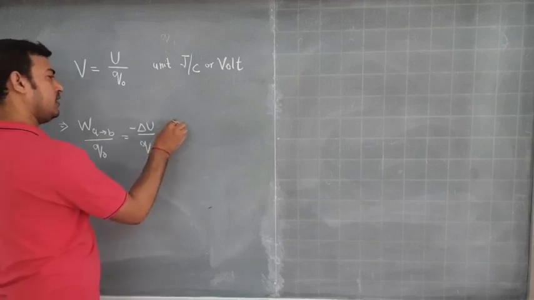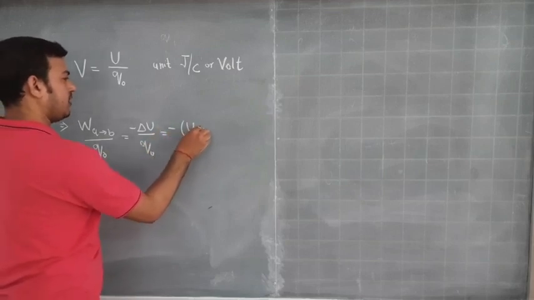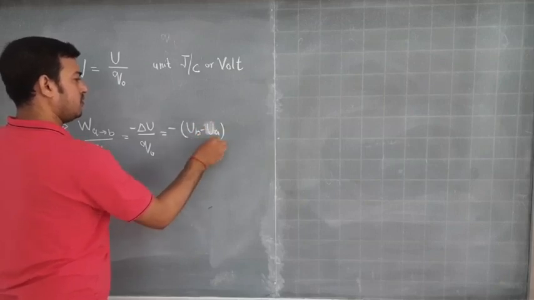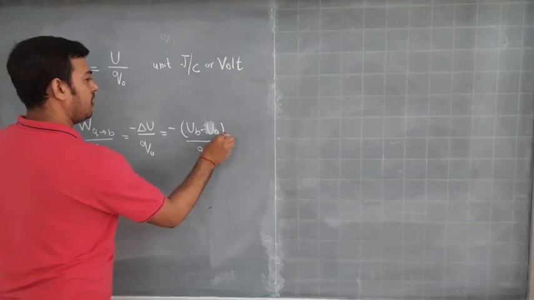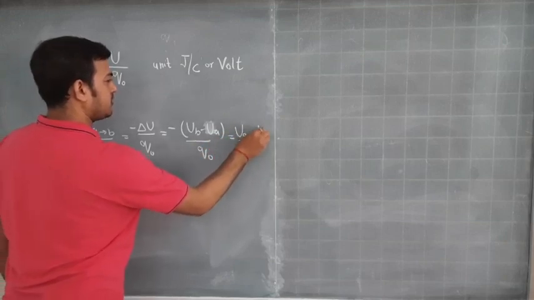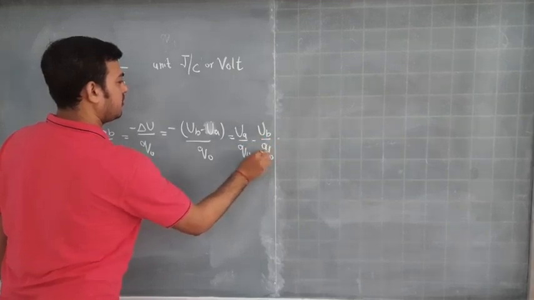This I can write as UB minus UA divided by Q naught, and it is UA by Q naught minus UB by Q naught.